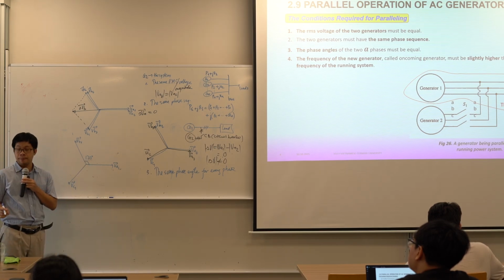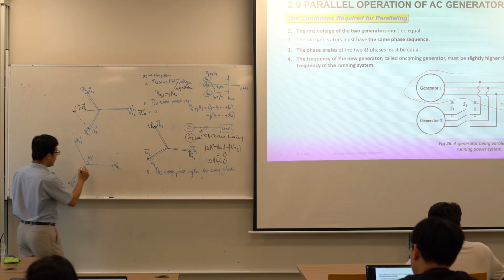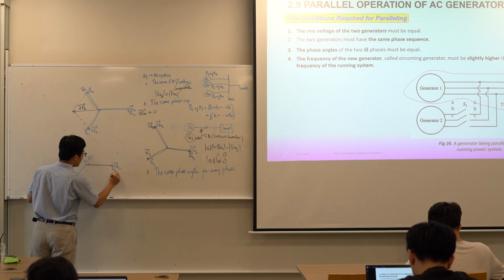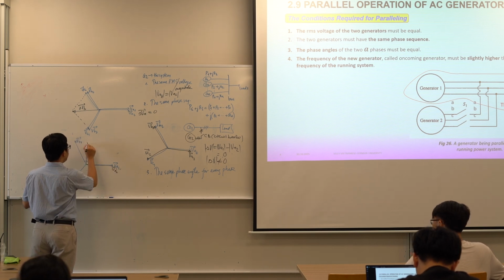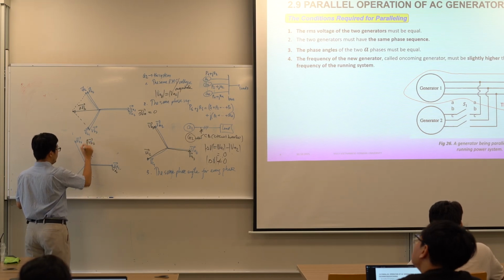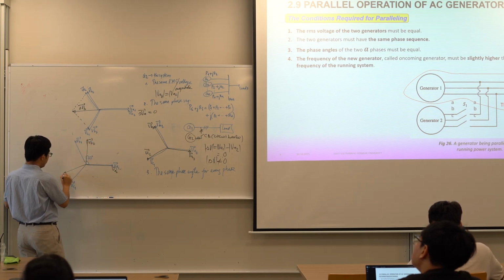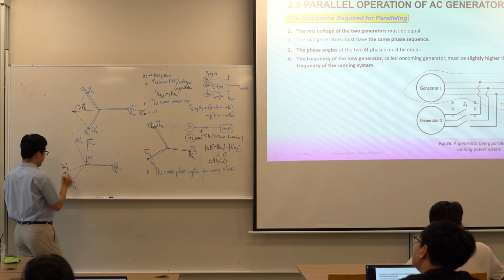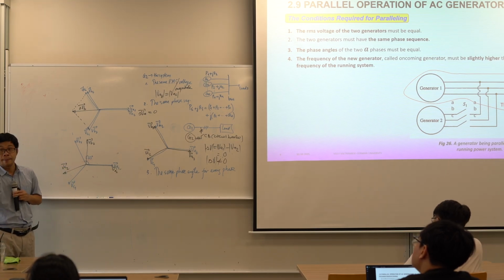Do you agree with me? So now we have VA1 maybe here, and VA2 maybe here, VB2 maybe here, and VC2 is here. Problem, right?